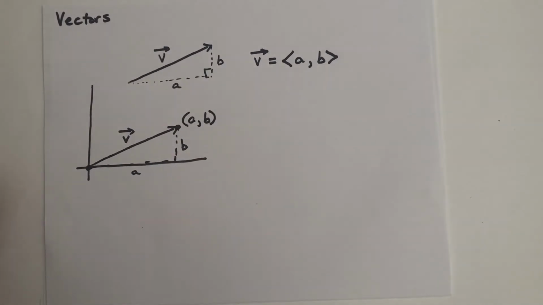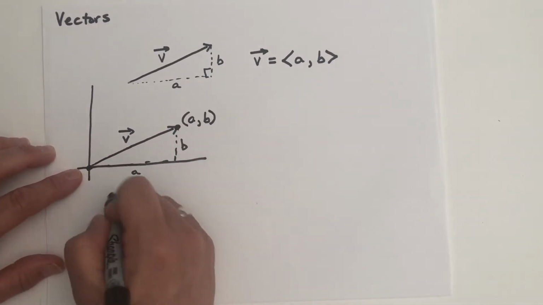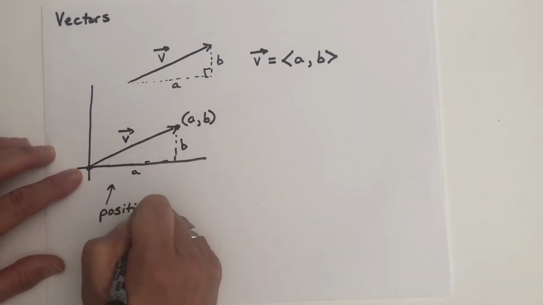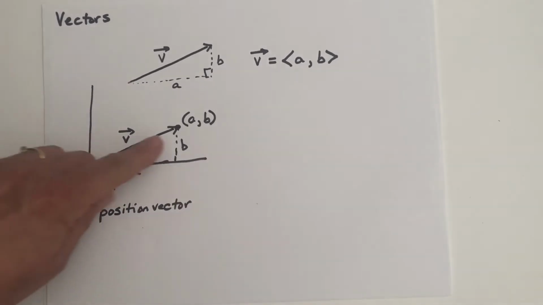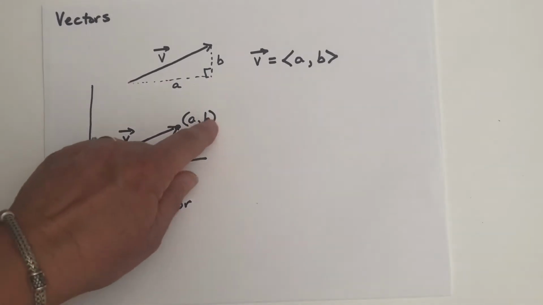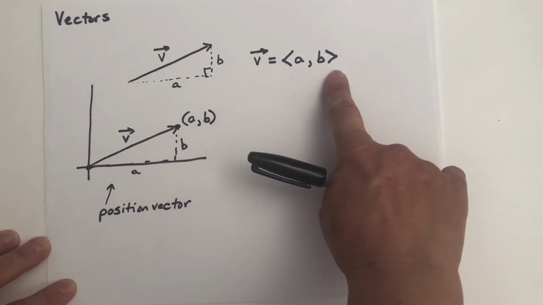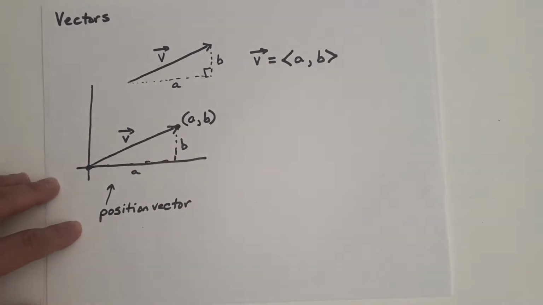We call a vector that has its initial point at the origin a position vector. So right here, V is a position vector, and its terminal point is at (A, B). When it's written in component form, it's also A, B, but in those chevrons.